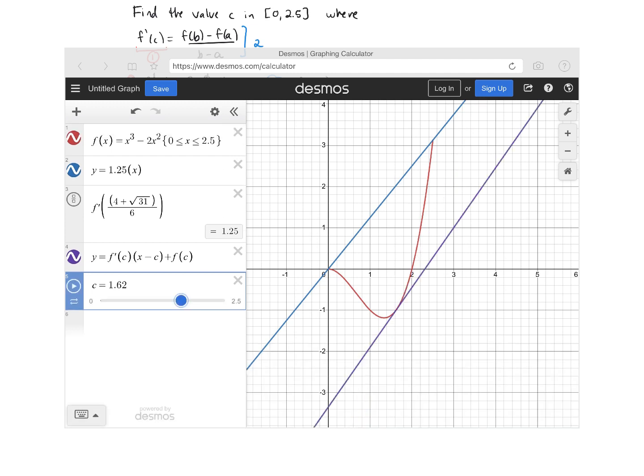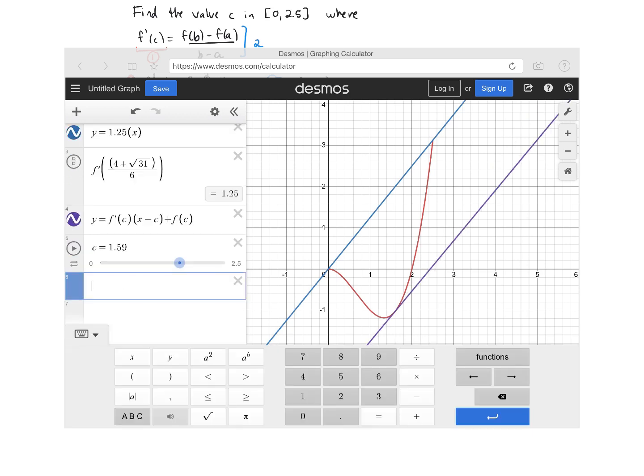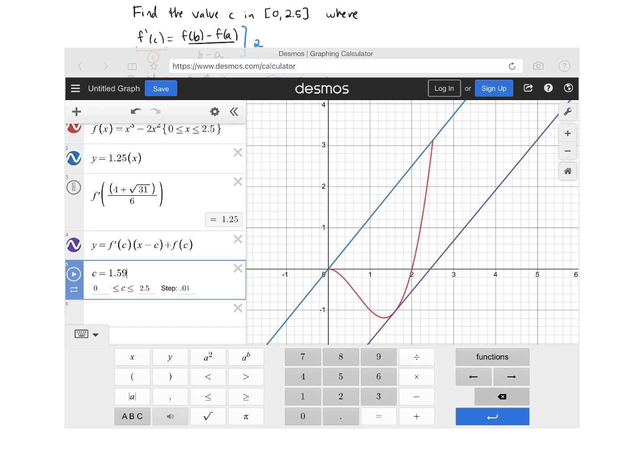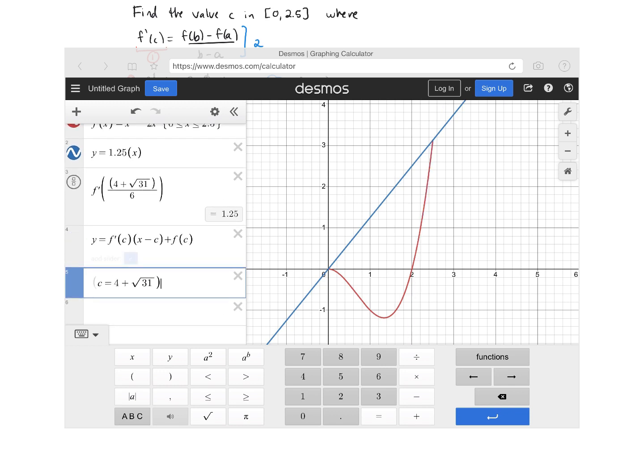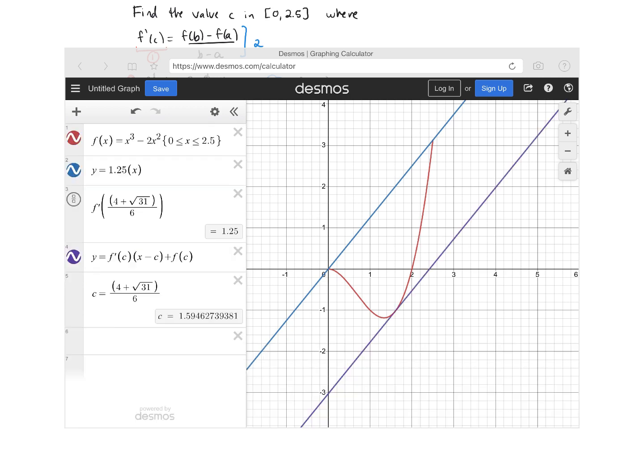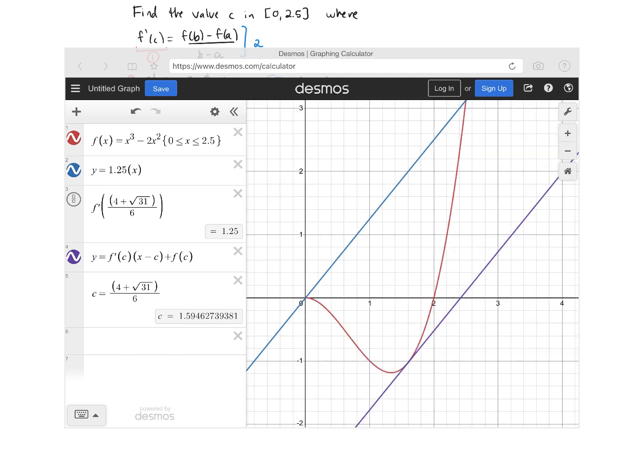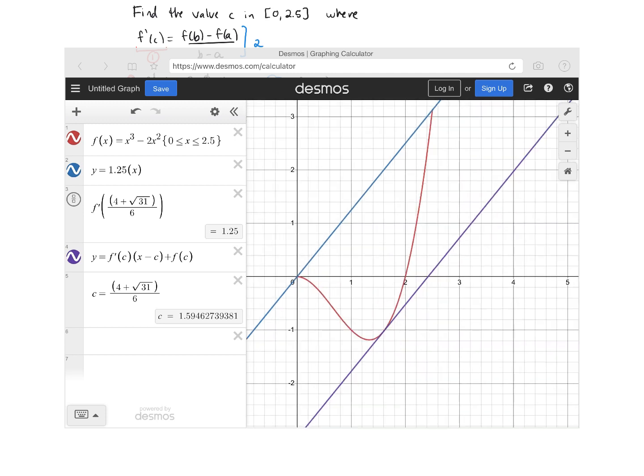And now we can kind of move this slider around until we can see visually that it looks like it is parallel to that secant line, but we can also just go ahead and set the c value to our exact number, which was 4 plus the square root of 31 all over 6. And we can see right there that it's a perfect match, that our secant slope and our tangent slope are equal to each other.